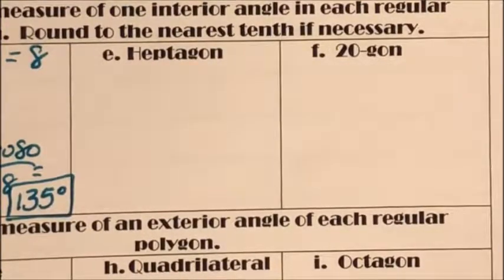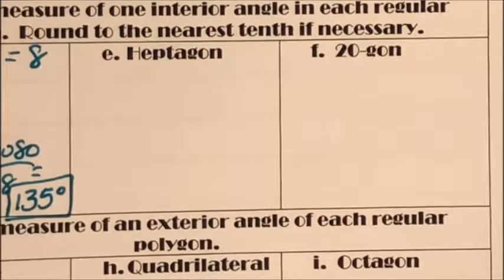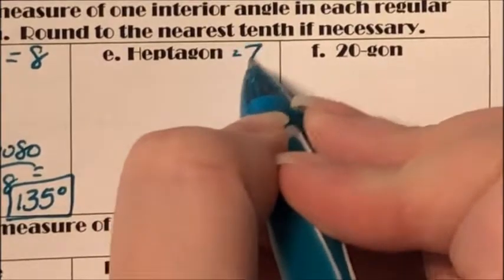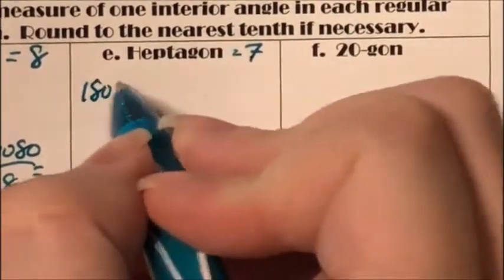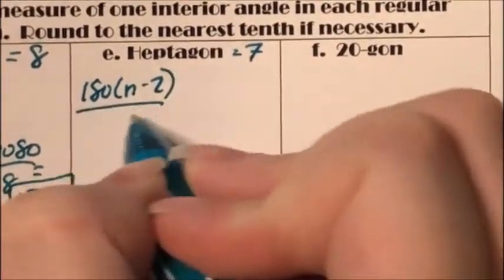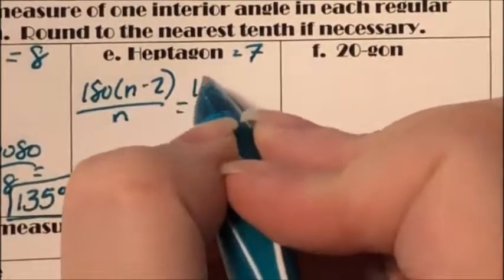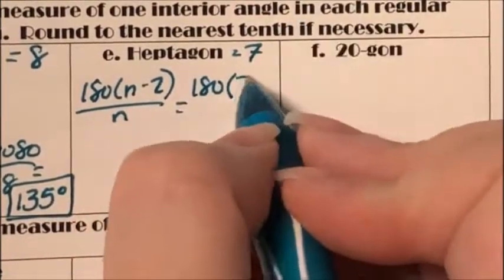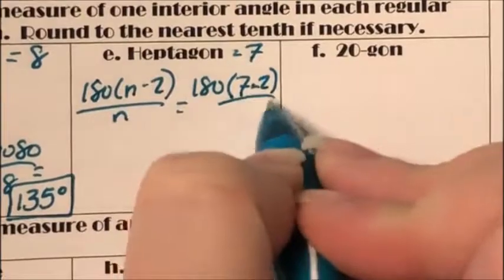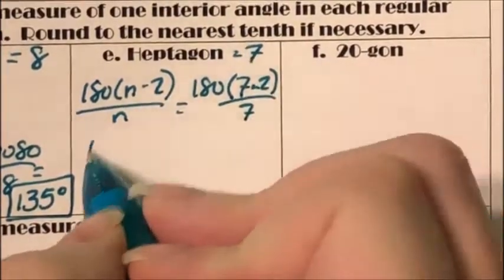Letter E is a heptagon. A heptagon has 7 sides. There's my formula. So this equals 180 times 7 minus 2, divided by 7.